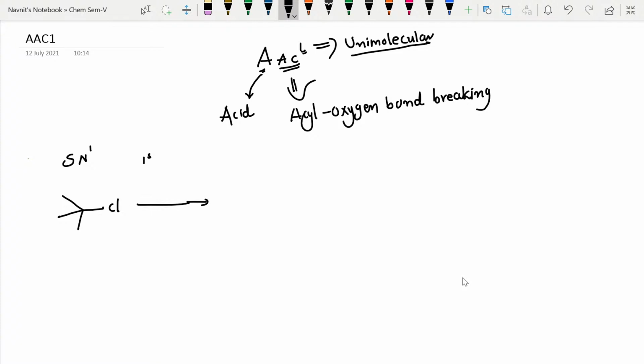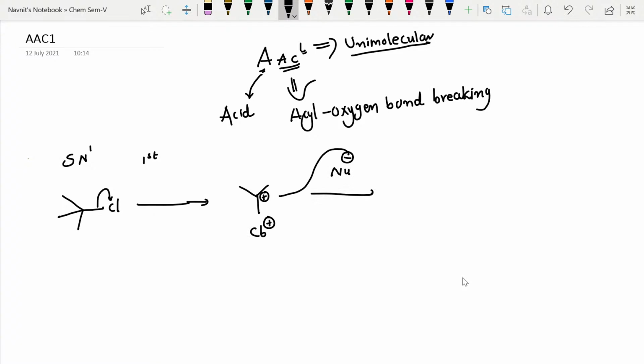What happens in the first step? The carbon-chlorine bond is broken and a stable carbocation is formed, which is then attacked by the nucleophile.